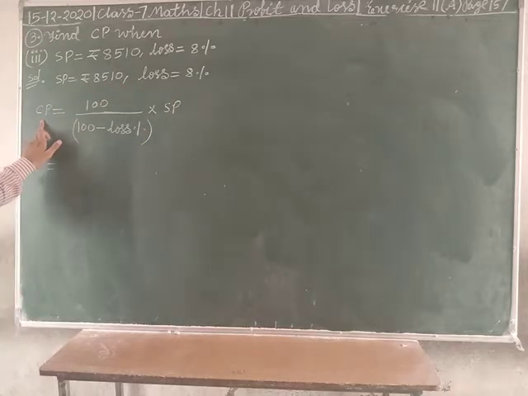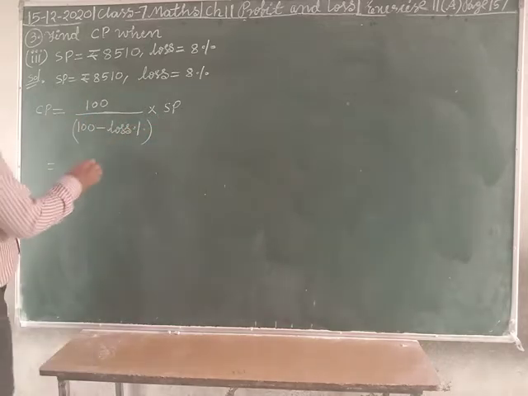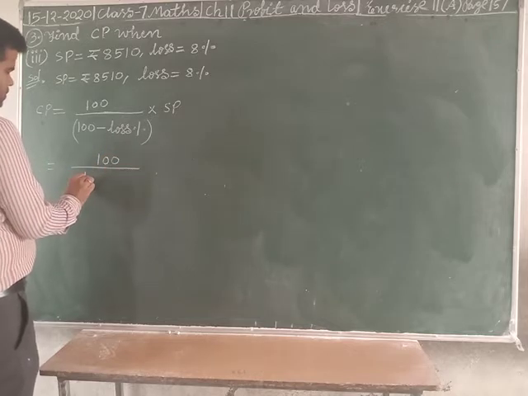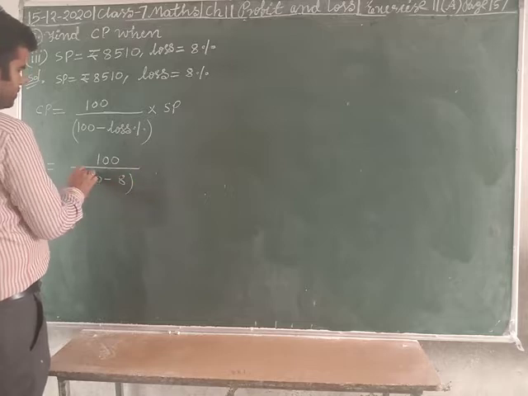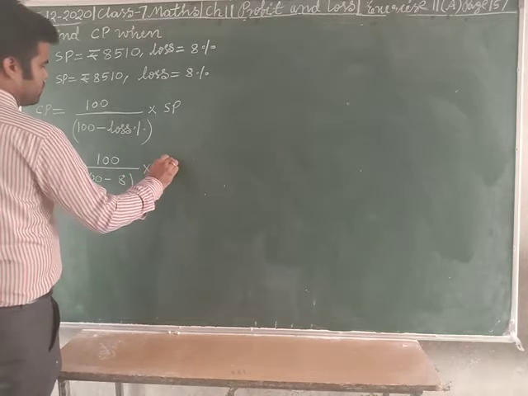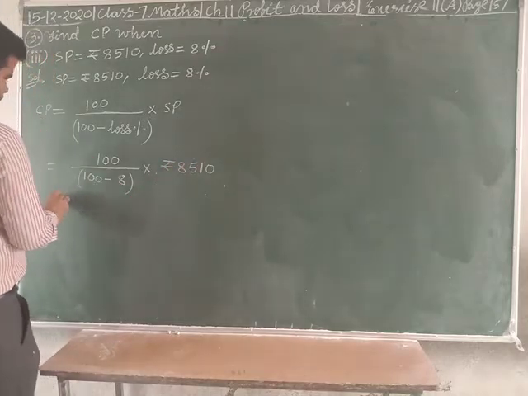Now CP equal to 100 upon 100 minus loss percent into SP. Then here 100 minus 8 into SP rupees 8510.